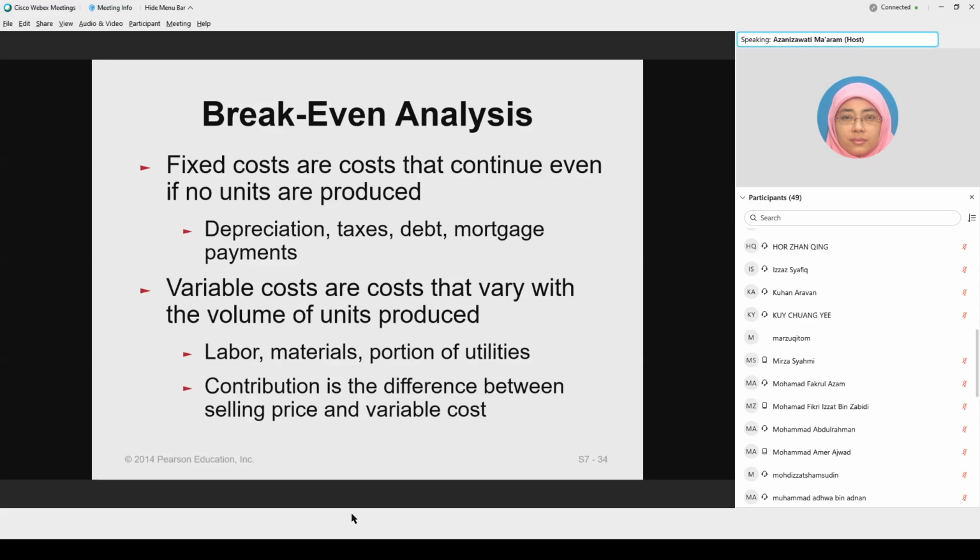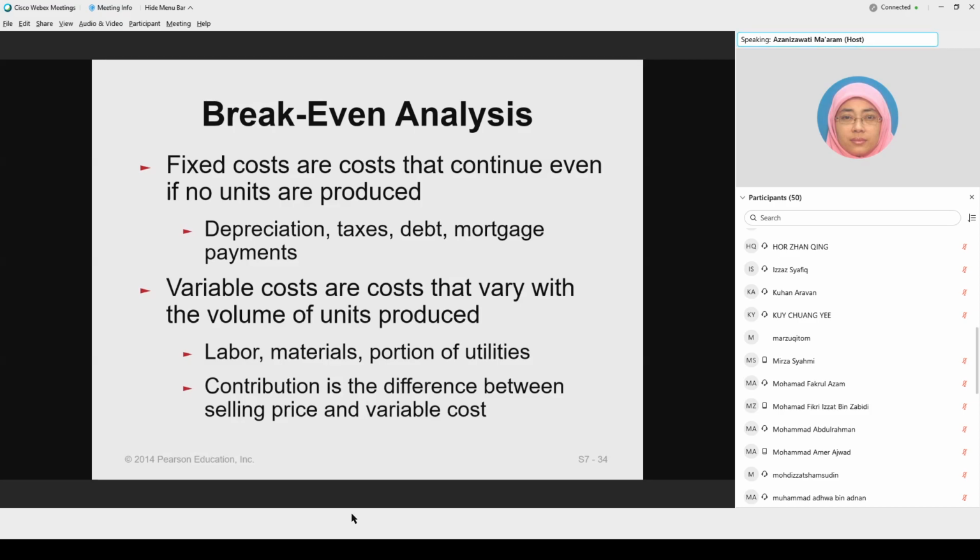For example, if you rent the building, the mortgage, if you rent the building or you buy the building, whatever units that you produce and the payment of the building will not be changed. Similar with apa lagi kalau fixed cost?